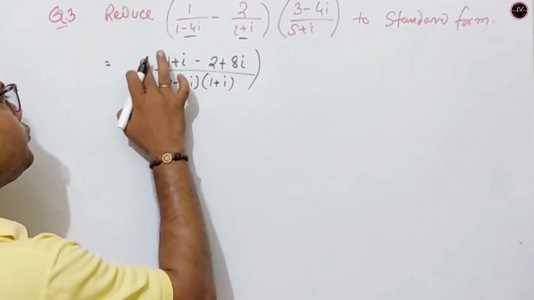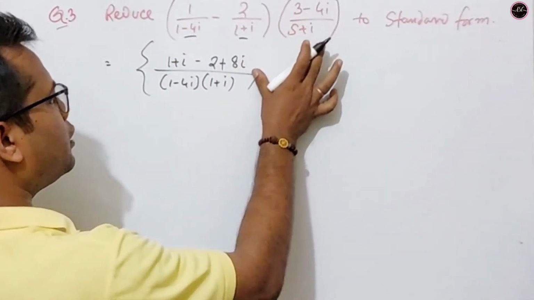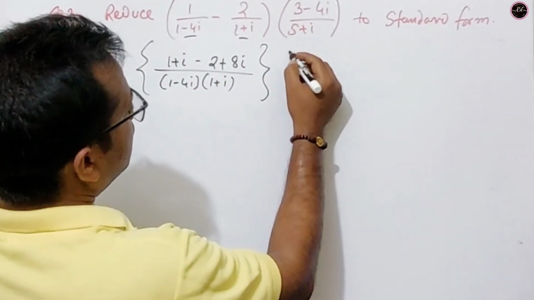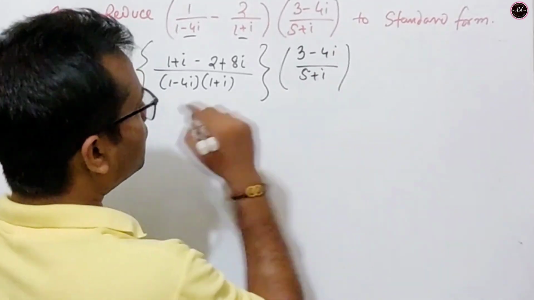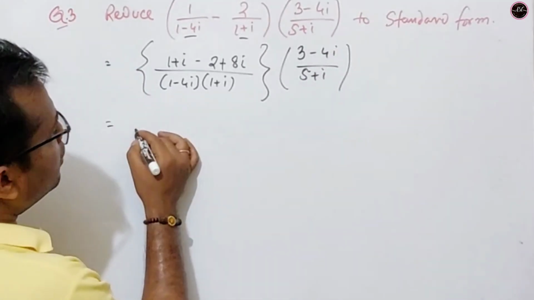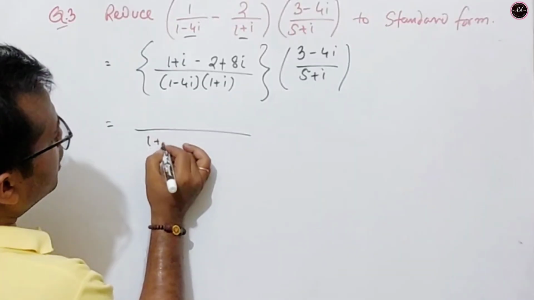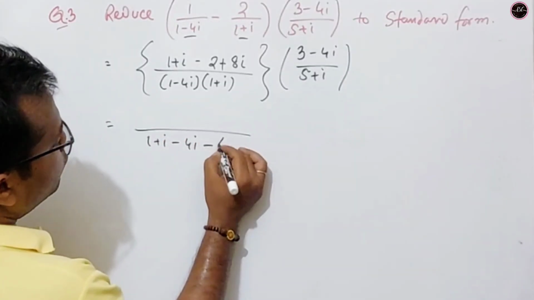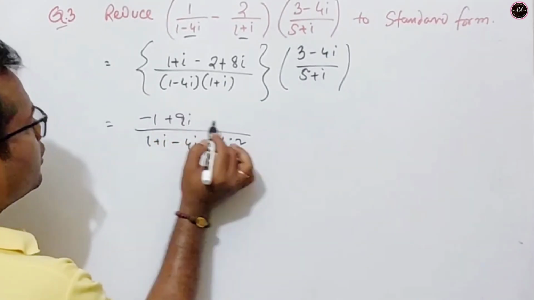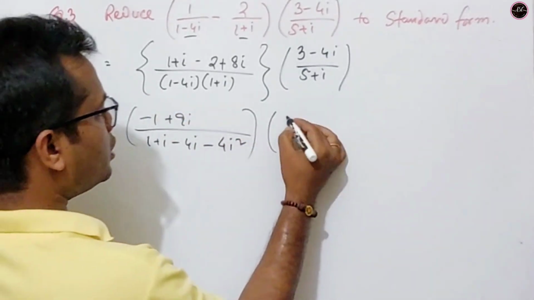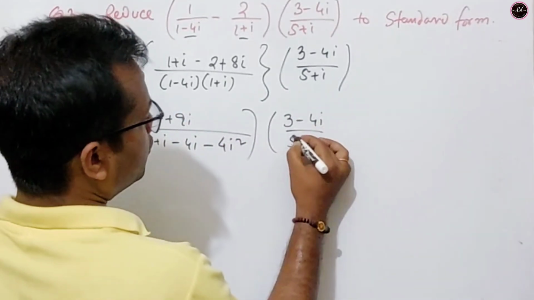Just apply second bracket, and here will be the same 3 minus 4i divided by 5 plus I. Now we have 1 plus I minus 4i minus 4i square, and here will be minus 1 plus 9i. And this will be the same 5 plus I.